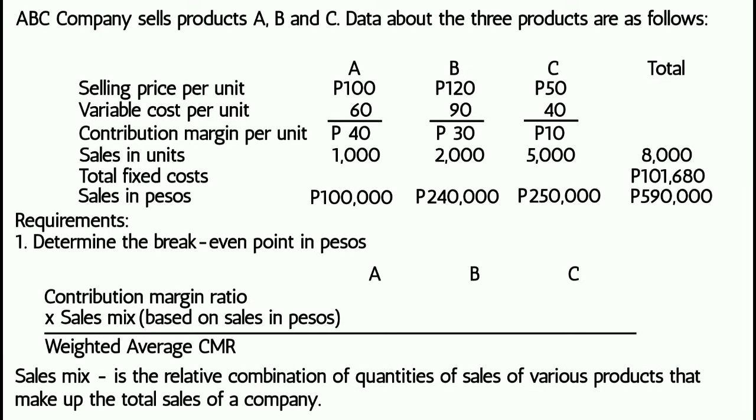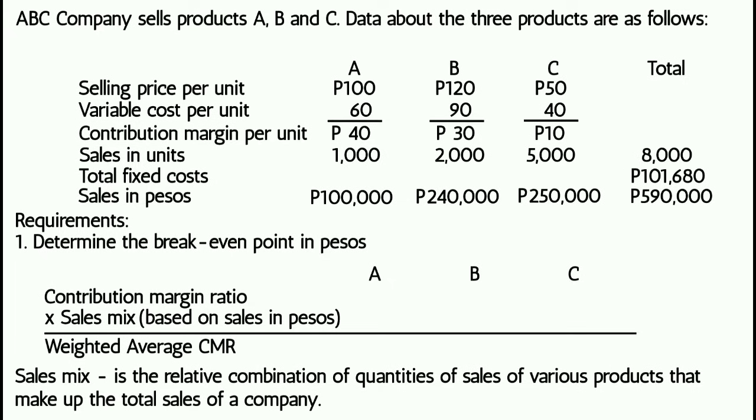As I said earlier, para makompute yung weighted average contribution margin ratio, imumultiply natin yung contribution margin ratio for each product sa sales mix. One of the ways to compute the contribution margin ratio is contribution margin per unit divided by selling price per unit.